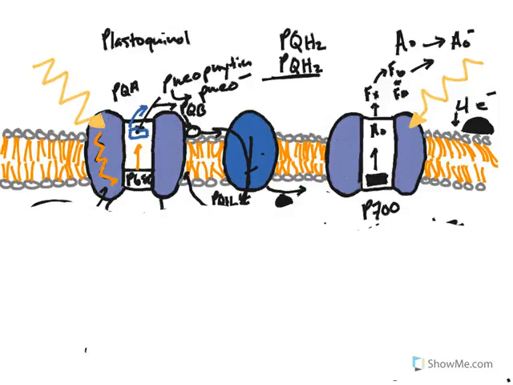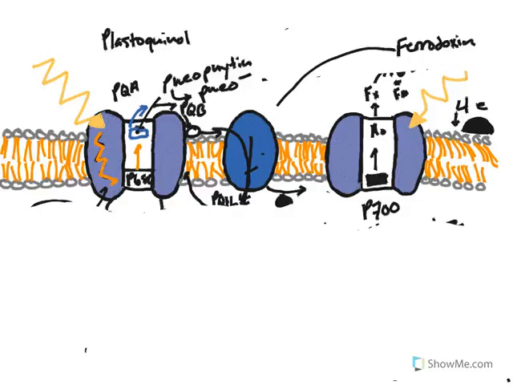So everything would be normal up until we got to ferredoxin. Our electrons get to ferredoxin, and instead of handing them off to ferredoxin-NADP+ reductase, we're just going to take our electrons right back to cytochrome b6f.